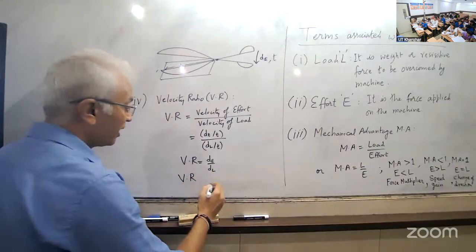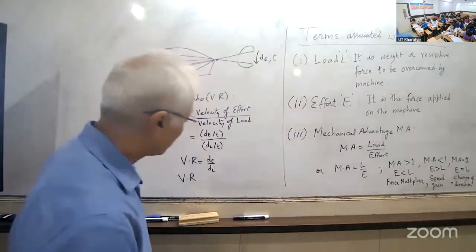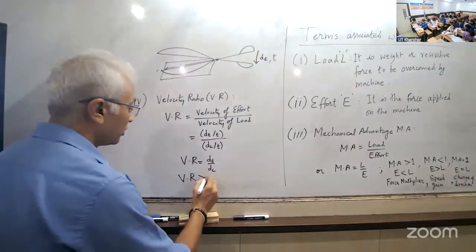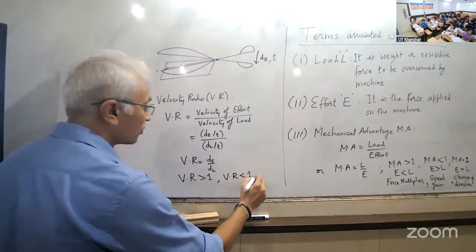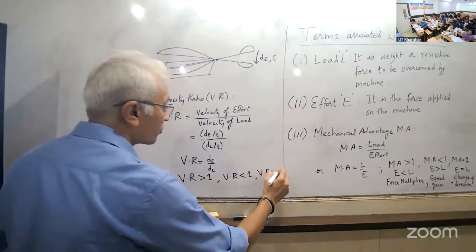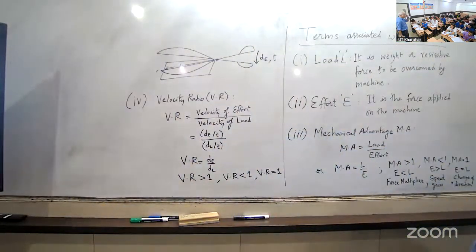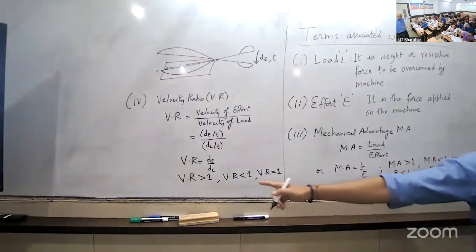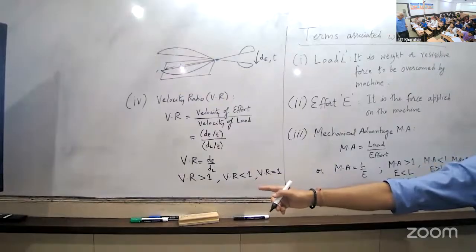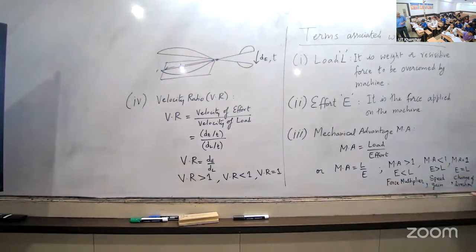Okay, so for speed gain, MA and VR are two parameters which describe or differentiate different types of machines. You get three ratios here also. Similar to MA, if VR is greater than 1, it acts as a force multiplier. VR less than 1, it acts as a speed multiplier. And VR equal to 1 provides change of direction.